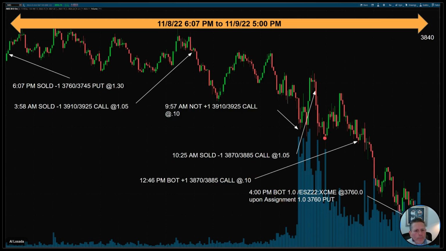So the put went from 130, right? And it went down to basically 3750, around that area, 3760. So within that range here, right? You can see it was 3760, 3745. That allowed basically the market to assign you a futures contract. Okay. So if you're in that range in the money, all right, what'll happen is it's not like SPX.